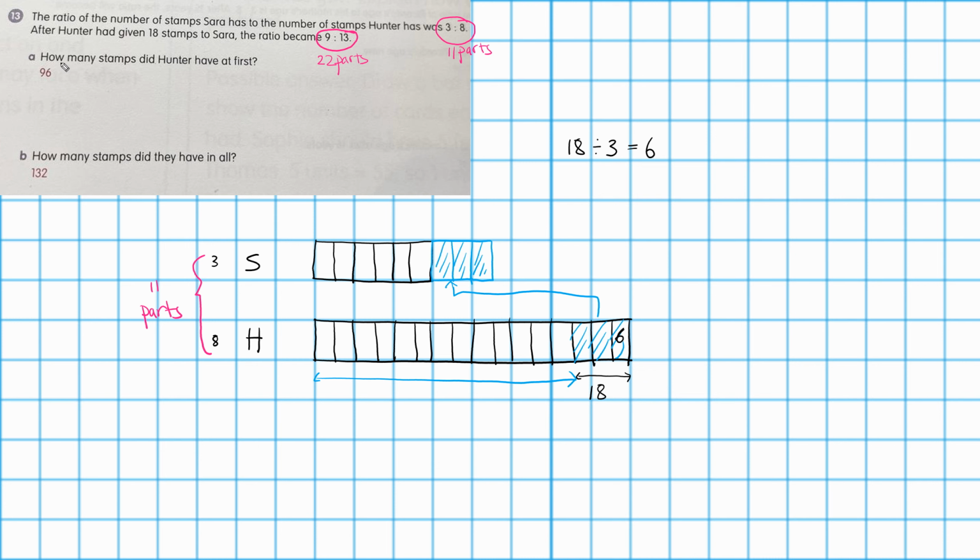So what we are asked in the first question is, how many stamps did Hunter have at first? Well, let's look at our model, and we need to think of what was the original bar for Hunter, and that was this whole big bar here. And how many parts is that now? Well, originally that was 8.